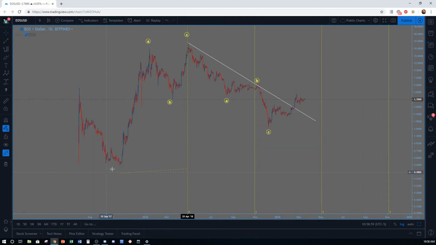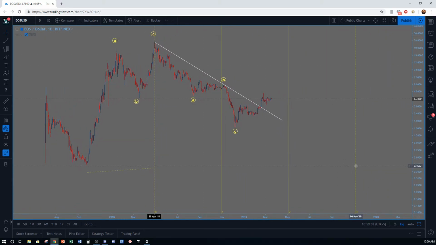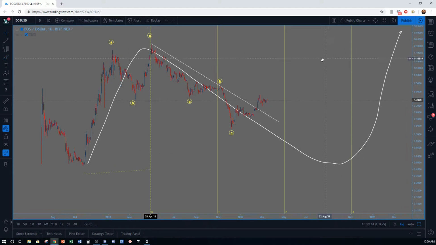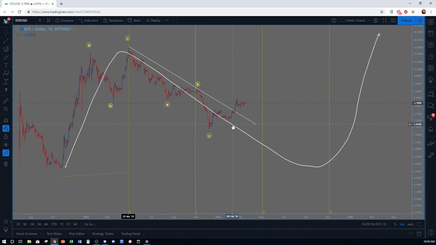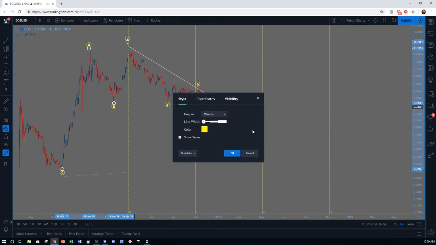But if this is all some kind of A, B, then B could take as much as 3x as long or longer. So our corrective pattern may not be complete here. Something like this could play out, and it could take even longer than this. So you just want to keep that in mind. But if this is corrective to this, then this should be of a higher degree.